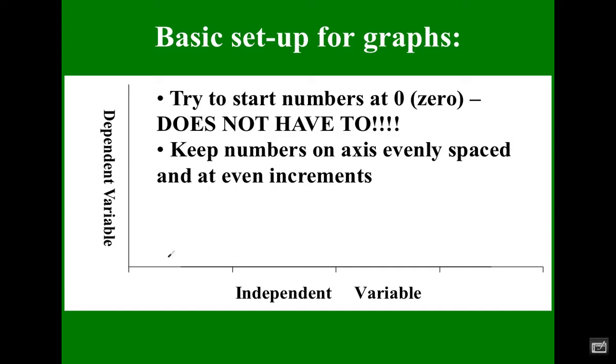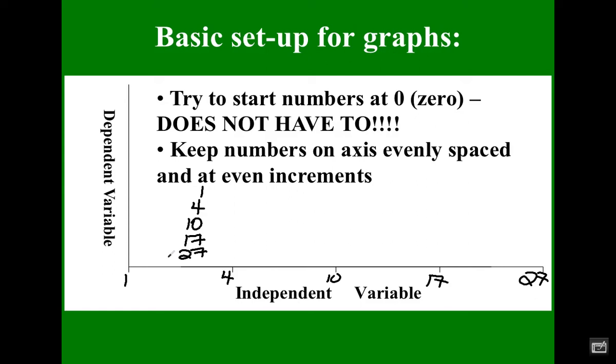Let's say I'm given some data, and on the x-axis I have data that includes these numbers: 1, 4, 10, 17, and 27, okay? What a lot of students would do is they would go 1, 4, 10, 17, and 27.